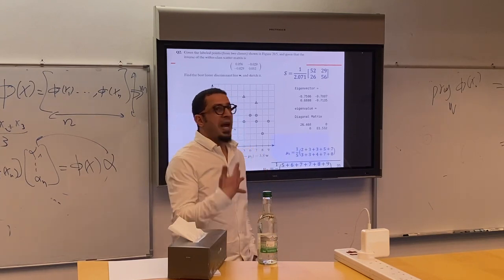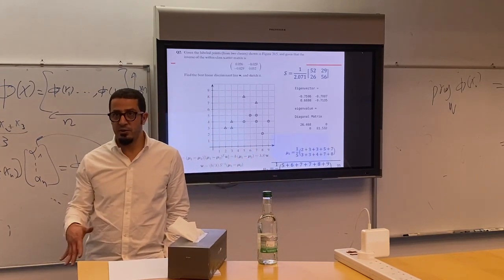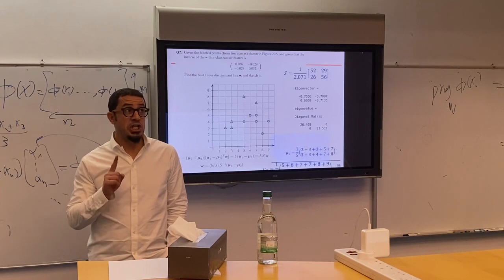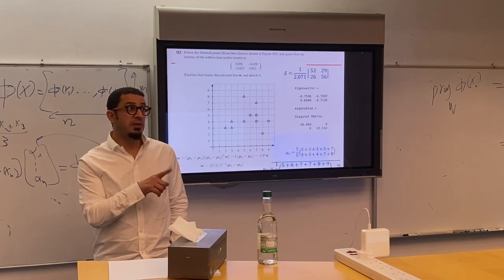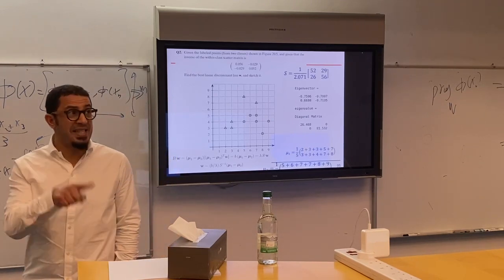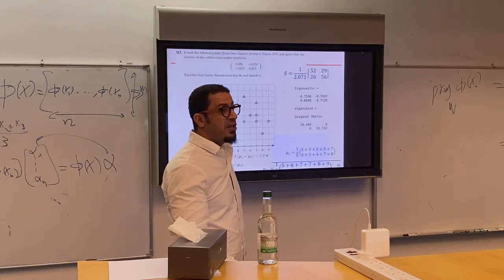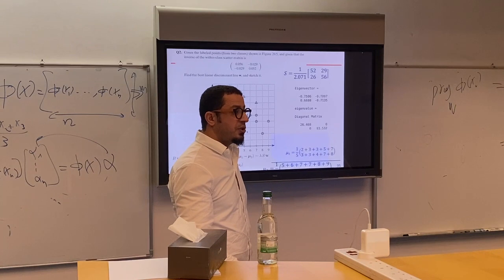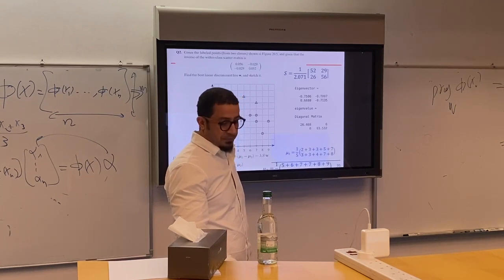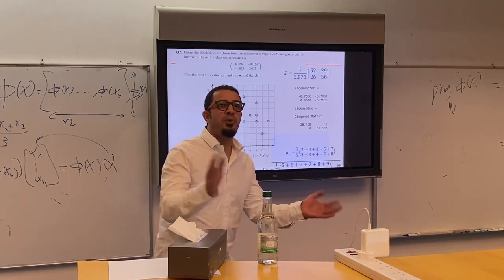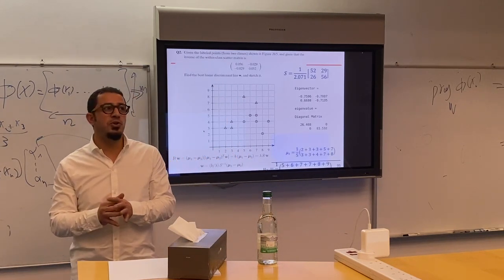Of course, the eigenvalue and eigenvector are not for S minus 1. Please be careful. The eigenvector is for S minus 1 times B. Here, I am giving you S minus 1 in order to calculate this one, okay? Is it clear?